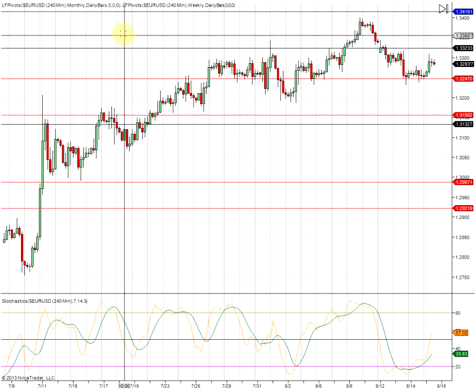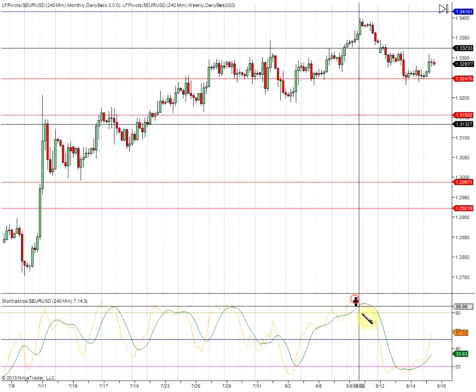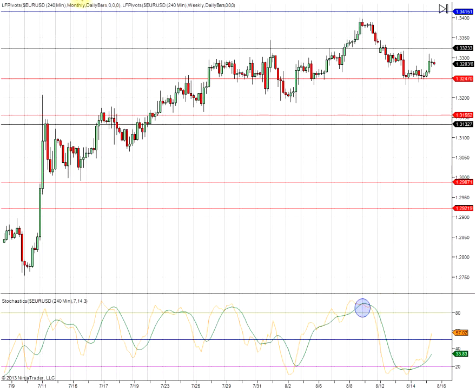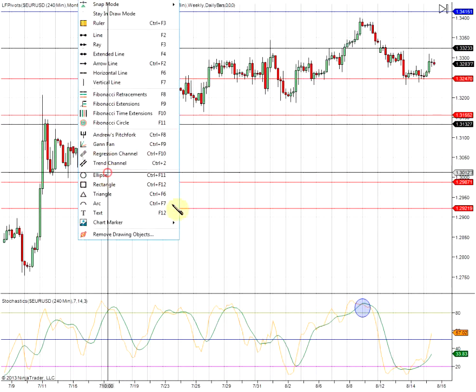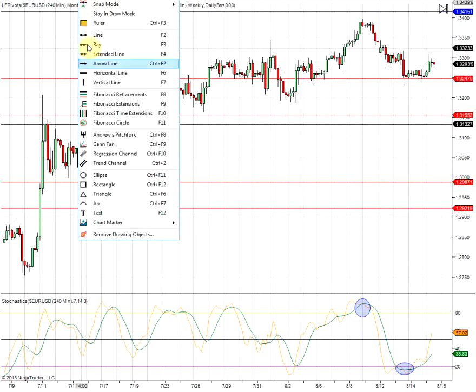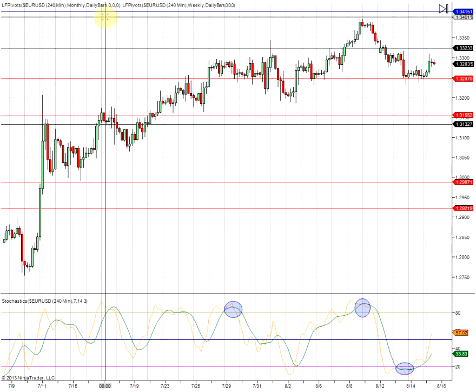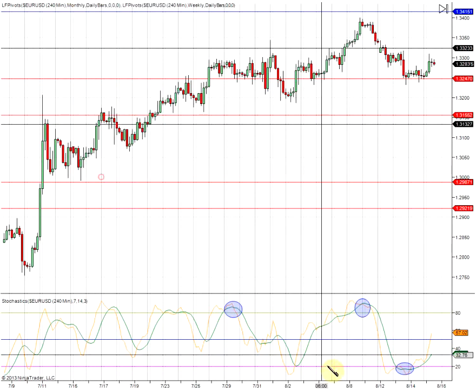So the rules. What we're looking for is crossovers, and we're looking for crossovers above and below the 50 line. So we're looking for these. When we have the yellow line cross below the green line, and when we have the green line cross above the yellow line, here we go, I'm just pointing them now, and we're looking for them above and below the 50 mark.